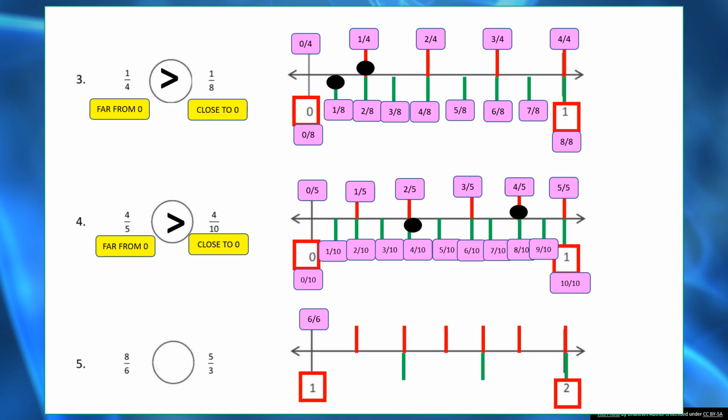Now again, we're on a number line, so we just count up. So since we're starting with 6 sixths, our next fraction is going to be 7 sixths, then 8 sixths, then 9 sixths, then 10 sixths. Next would be 11 sixths, and finally 12 sixths.